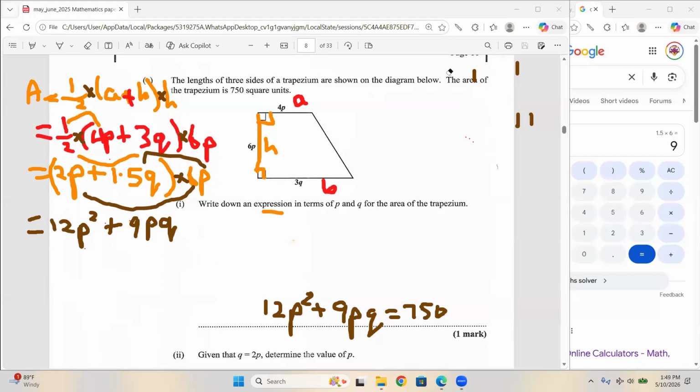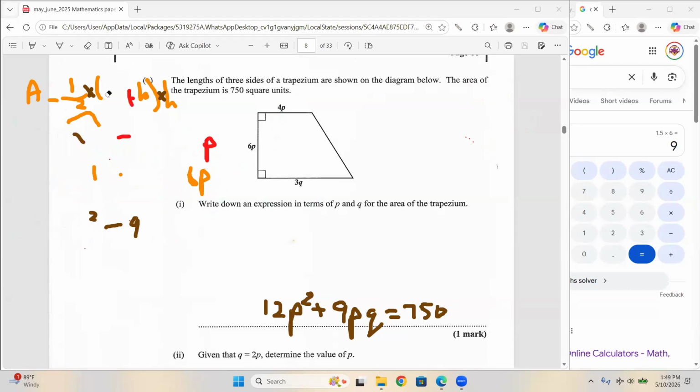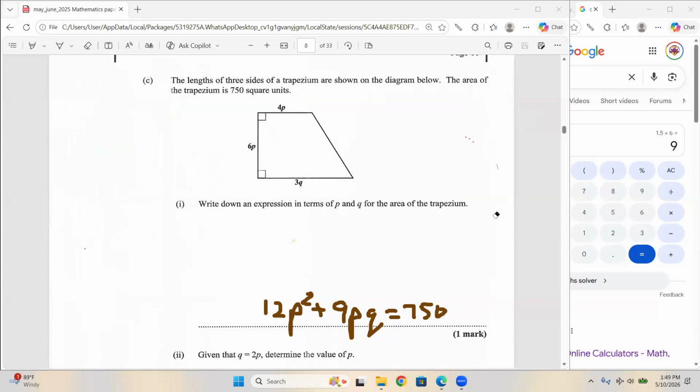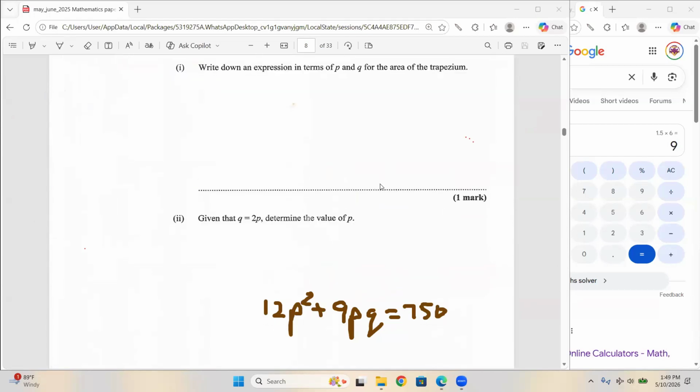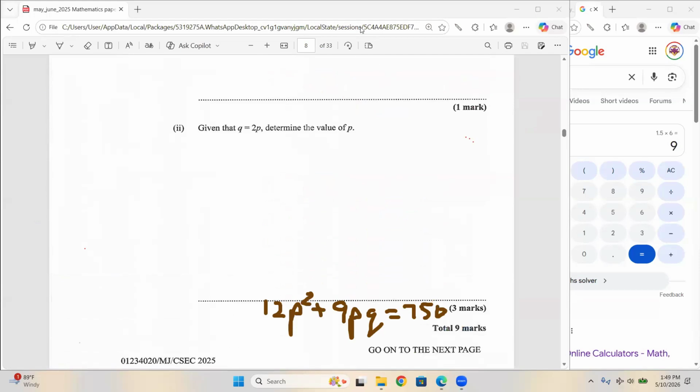Okay, so taking off this, taking off that. Now, if you're wondering, how do I know this is a simultaneous equation? Well, let's start to find P, right? What does the equation have? It has Q and it has P. I'll tell you something.